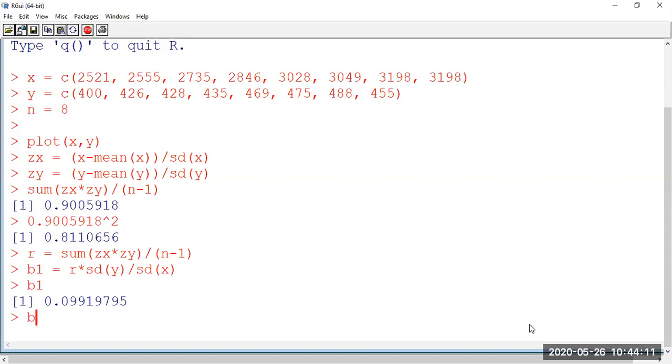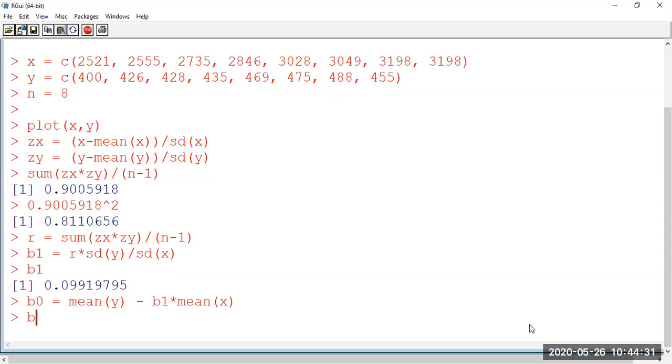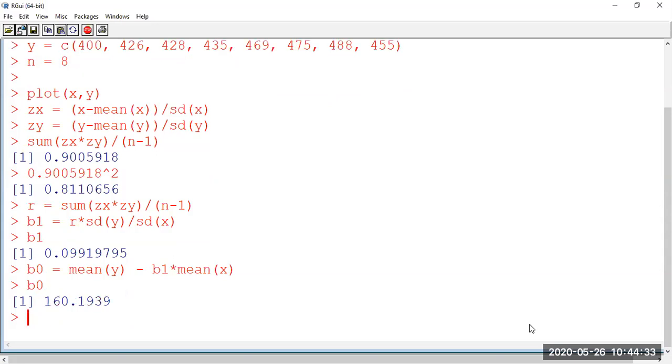And now v0, which is the y-intercept, is the mean of y minus v1 that I just obtained, that multiplies the mean of x, and I'm going to call it v0, is 160.1939. So I have now the information to write the equation of the line.